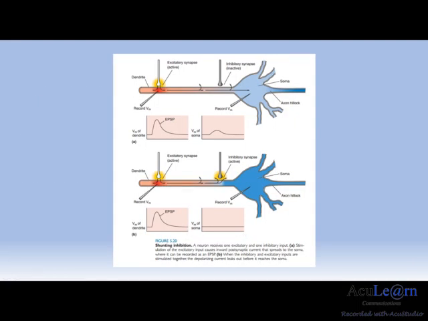In the following diagram, the effect of IPSPs in reducing the size of EPSP is seen. Initially, the neuron receives the excitatory synapse, depolarization occurs, and spreads across the dendrite towards the soma.